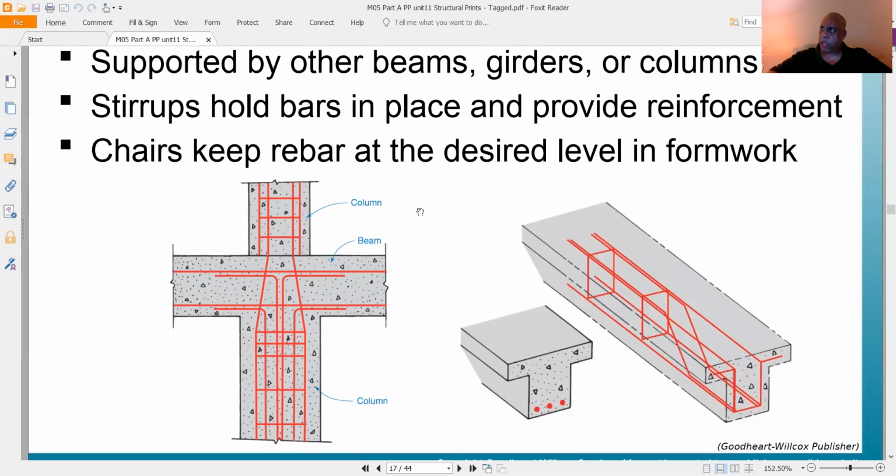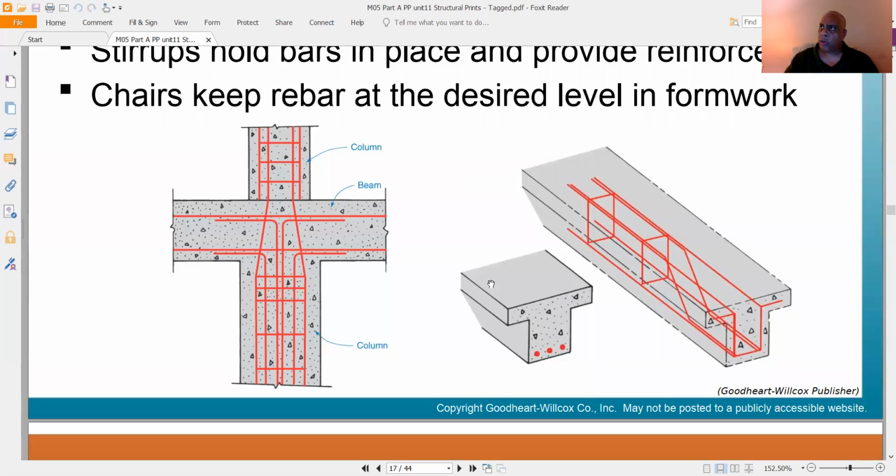Usually your 3/8 or 5-inch chair actually supports your rebar, so your rebar doesn't actually hit the concrete. Because one thing about rebar, it can rust. This is again why you have to galvanize it or put it in epoxy. And rebar gives that concrete again the tension.